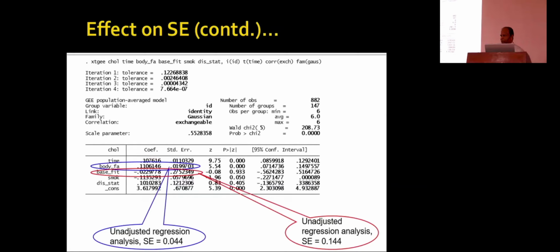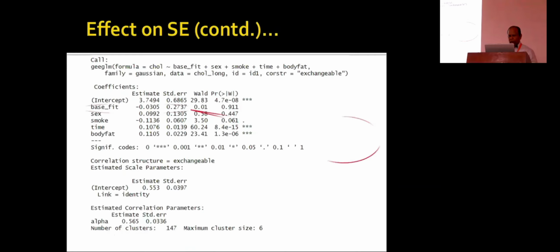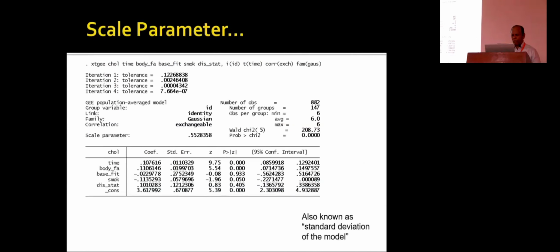Please remember this. So there is an advantage if you do GEE analysis: you would be able to bring out a lot of significant results. The variable which is not measured over a period of time, you don't worry about it. But if there are repeated measures, there is an advantage of doing GEE analysis. This is to tell you the same thing again and again.